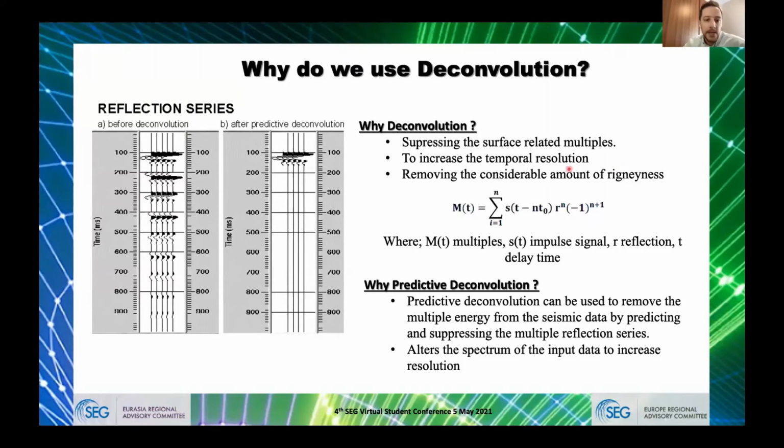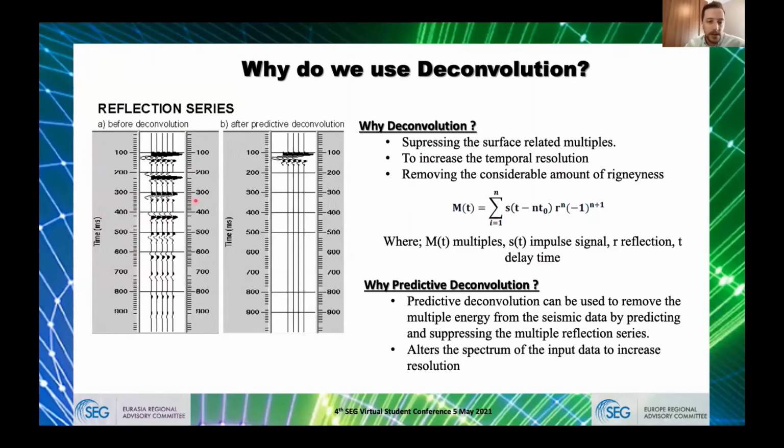As you can see in the equation, we can easily define the multiple reflections on the seismic data. In this equation, M is for multiples, S for the impulse signal, R for reflection, and T for the delay time.